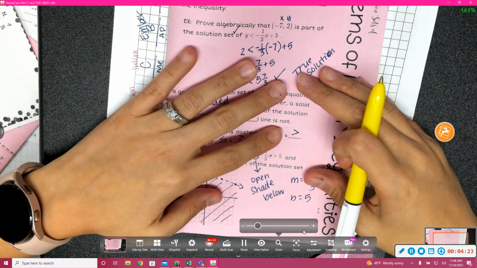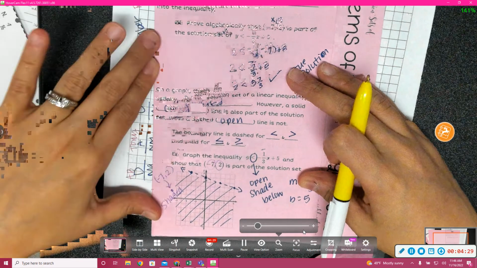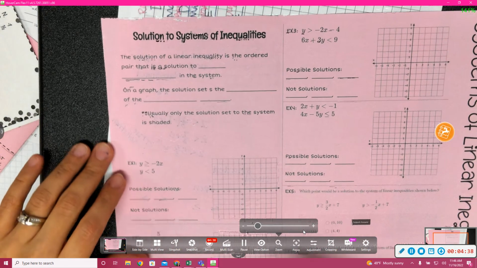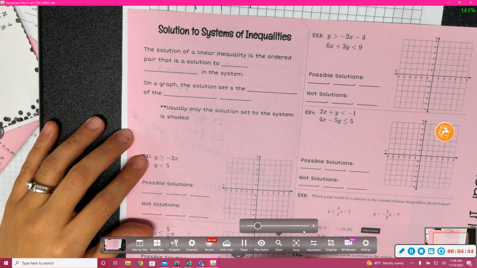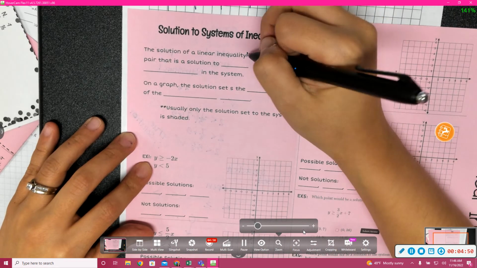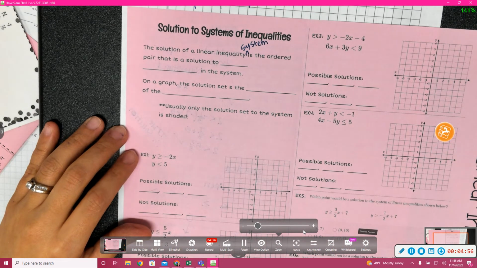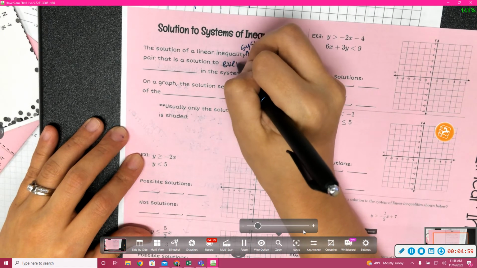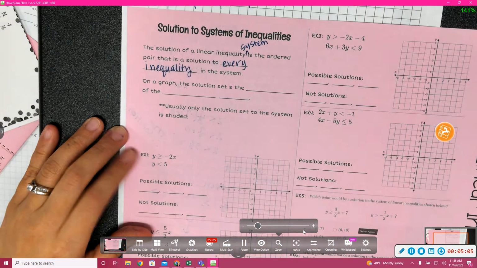So inside my foldable, the solution of a linear inequality is the ordered pair that is a solution to, this is supposed to say the solution of a linear inequality system. Is the ordered pair that is a solution to every inequality in the system.